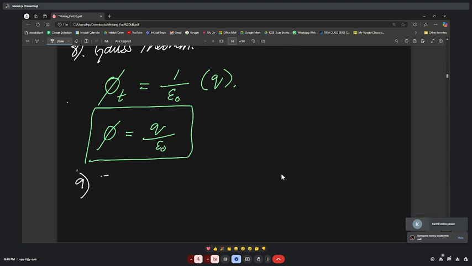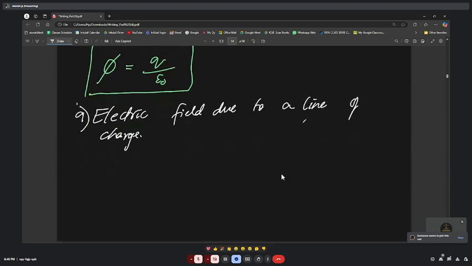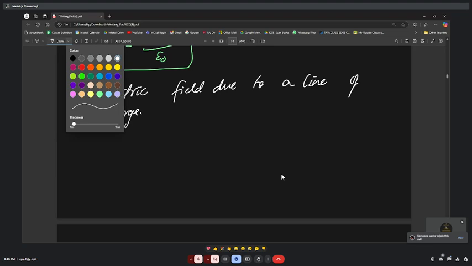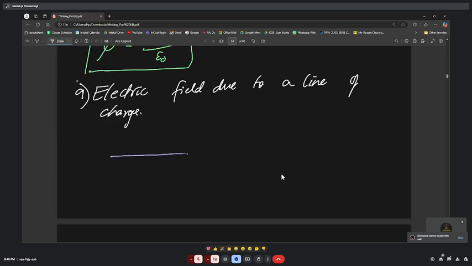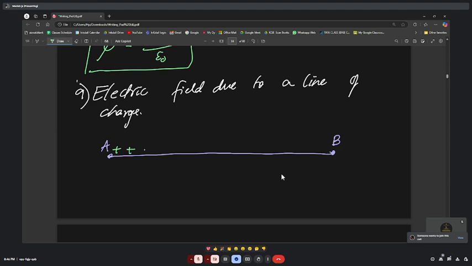So what is the electric field due to a line of charge? Now, suppose I have a very long wire, say like this, from point A to point B, and the charges are distributed equally, linearly on this wire.